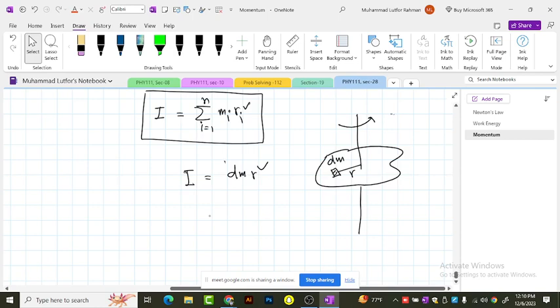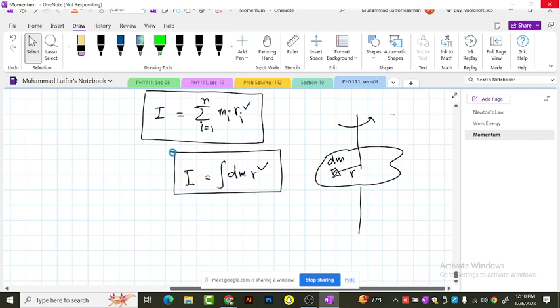I will integrate this part to find the moment of inertia for the total system. Right, so that's how we will use this equation to find the moment of inertia. This one we will use for point mass distribution, and this one we will use for continuous mass distribution to find the moment of inertia of a system.